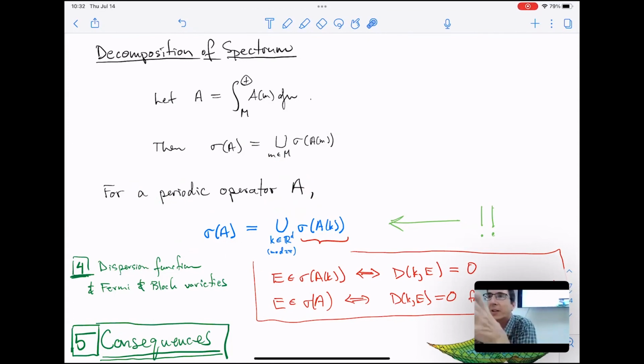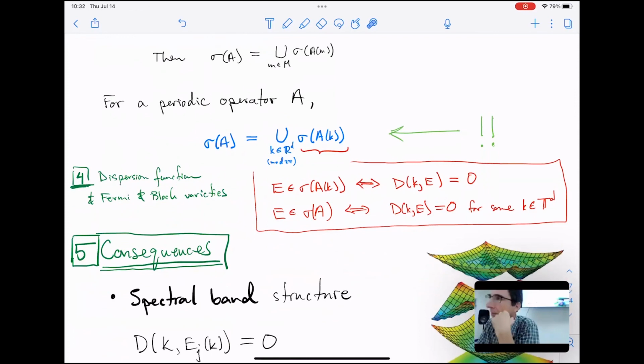So we can just look at A restricted to these quasi-periodic spaces and get the full spectrum of A by taking the union over the whole torus. I'm going to show you the consequences of this starting tomorrow. Of course, the main consequence is that you get these spectral bands. But since my lectures are supposed to be about the Fermi and the Bloch varieties, let's come back to that.